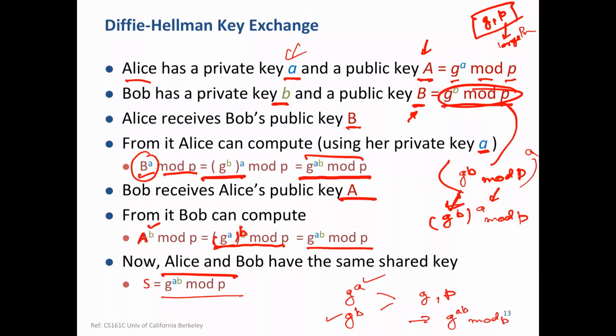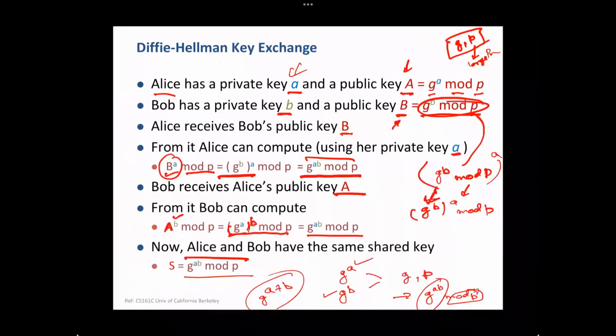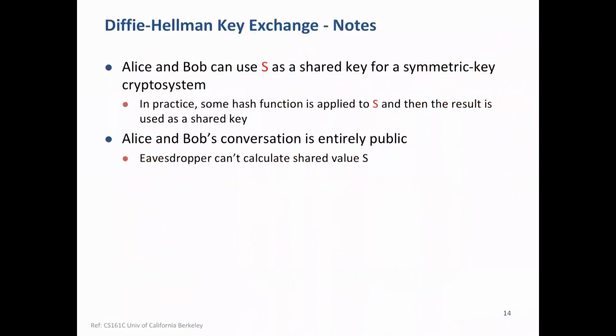Of course p is known, so mod anyway she can get. But can she get g raised to the power ab from these four numbers? No, what she gets is g raised to the power a plus b. Please go through this relationship again, and you'll see that in between Mallory cannot get g raised to the power ab, which is the common key.